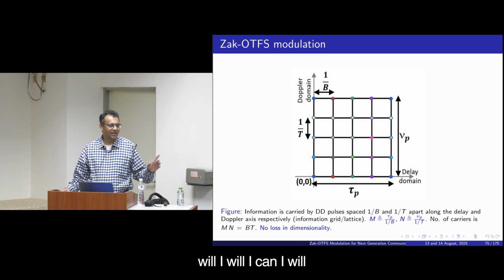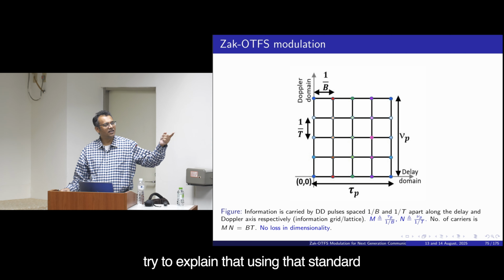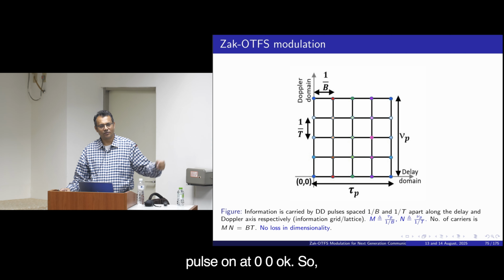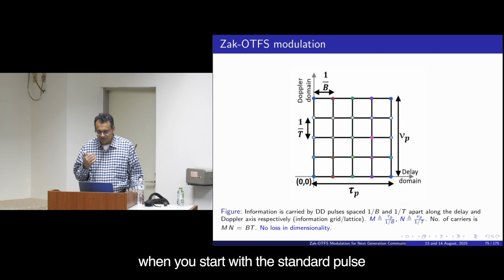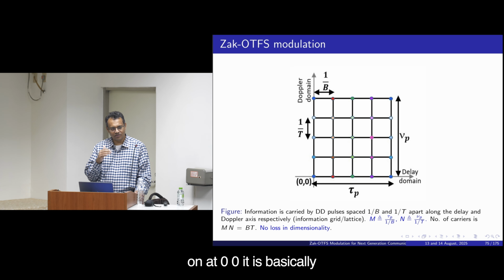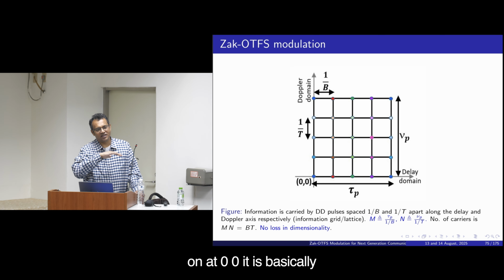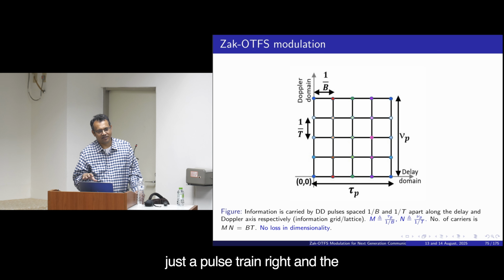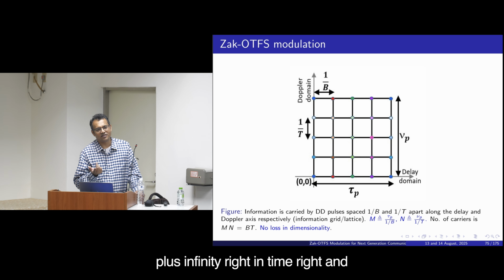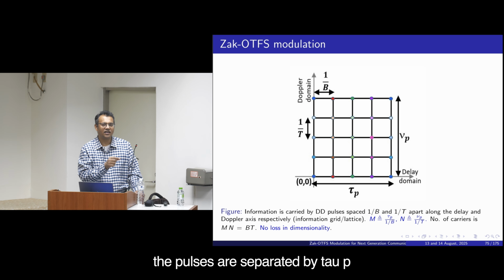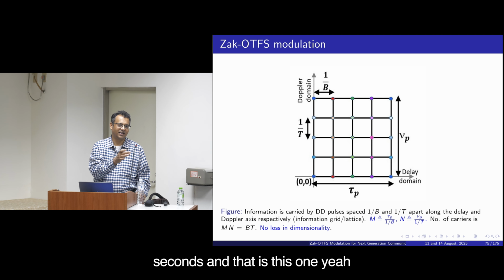It's very simple. I'll try to explain that using the standard pulse at 0, 0. When you start with the standard pulse at 0, 0, it's basically just a pulse train, right? And the pulse train is from minus infinity to plus infinity in time, and the pulses are separated by tau p seconds.